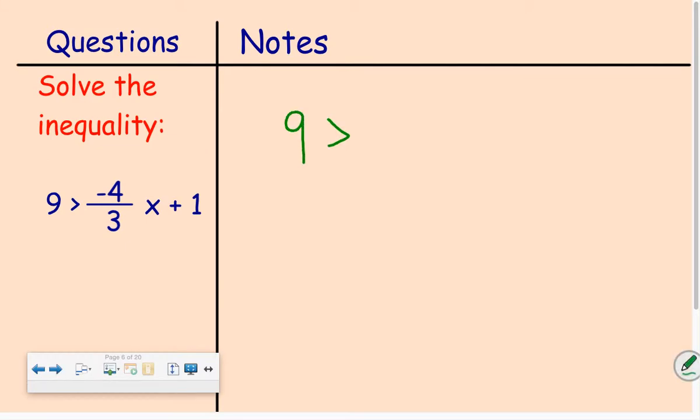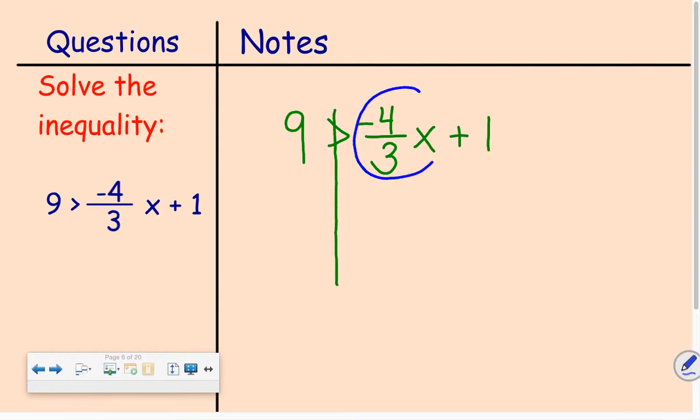Is greater than negative 4/3 x plus 1. Circle my x, get rid of the 1.